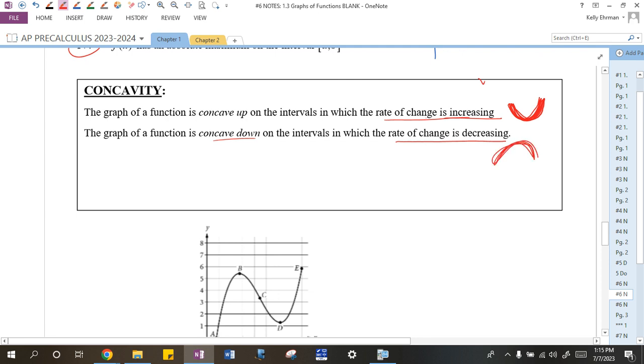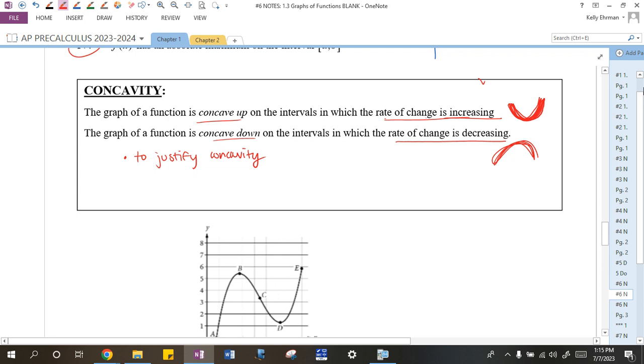Okay. Actually, I want to say something about justification. To justify concavity, something you'll need to do on the AP test or to find the correct multiple choice answer, you would say exactly this. Why do I know the rate of change is increasing?